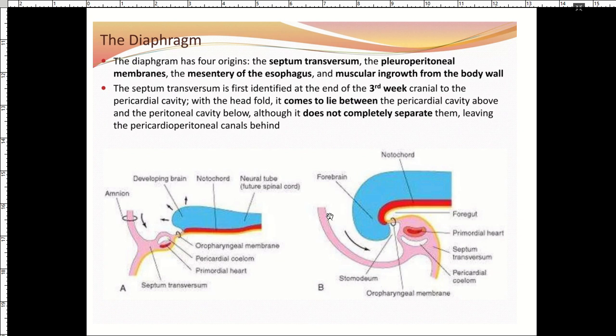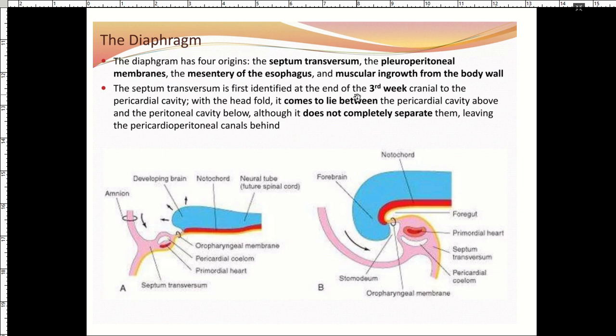So now let's get into the formation of the diaphragm. You just have to take note that it is formed by four tissues. So it has four origins. We have the septum transversum, which is going to form your central tendon.